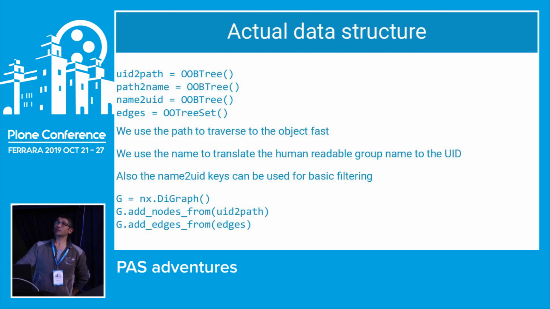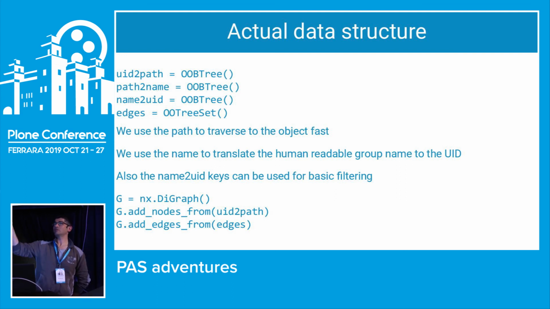And in order to keep the edges, we used an OOSet. Those are fancy structures which are persistent and have native conflict resolution. They are pretty fast, and they consume very little space in your ZODB.